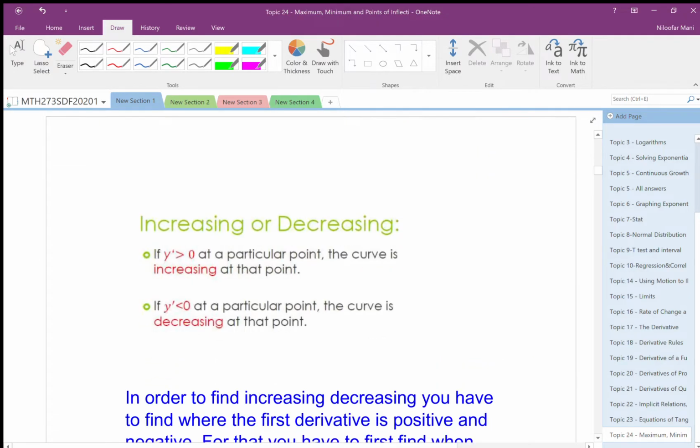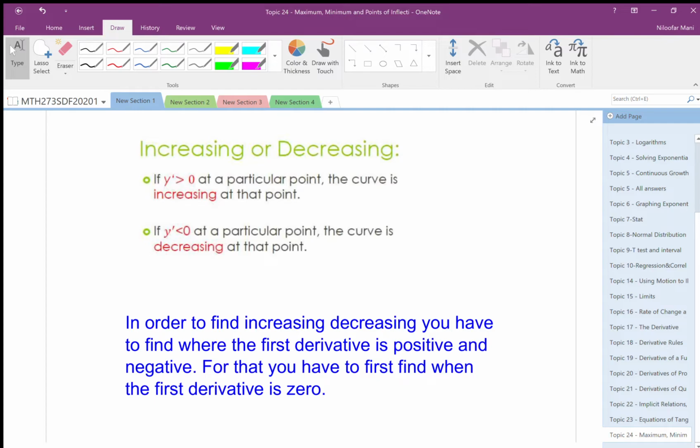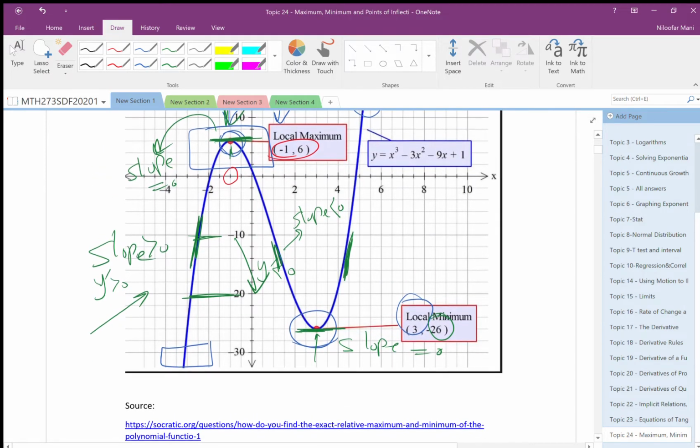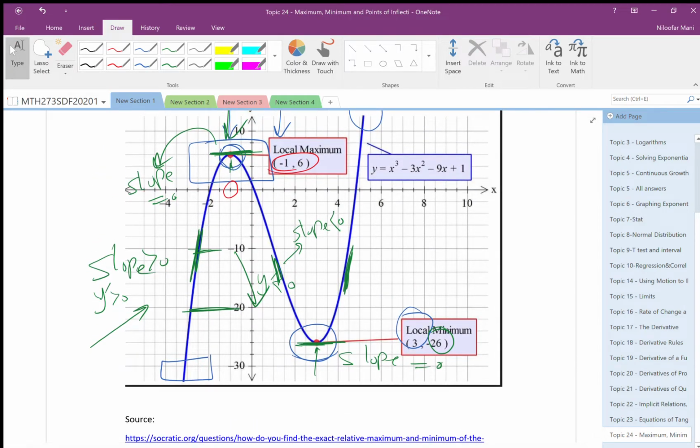Okay, so here, increasing and decreasing. When I look at my function, I see when y prime is positive, the slope of the tangent line is positive, so the line is going up, so the function is increasing, like here, and it's increasing like here. But when the slope of the tangent line is negative, I can see it's decreasing, coming down.